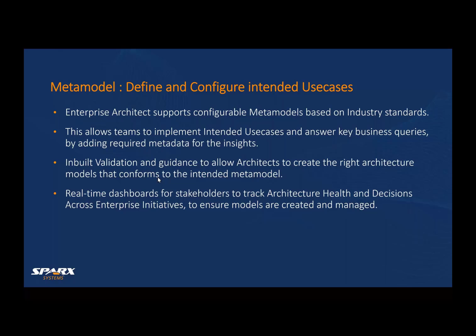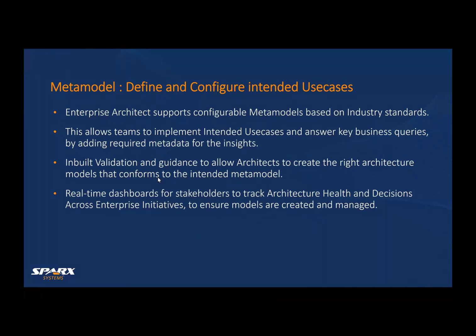And Enterprise Architect's configurability is one of its key strengths that allows users to define this subset and configure EA to work around this subset. What we call that configuration in EA is an MDG, but that's a very technical term.